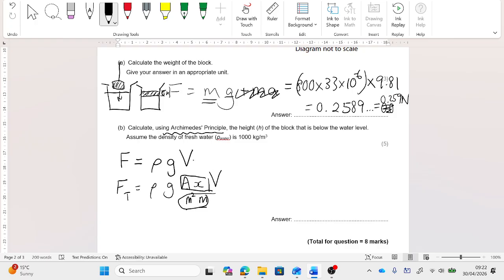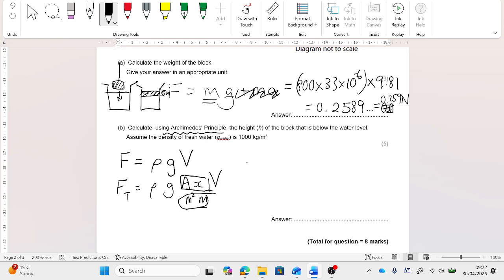So if you can remember rho G A X, rather than the formula in the formula sheet, which I think is rho A G X, putting A and X together might help you remember that it's actually the volume.